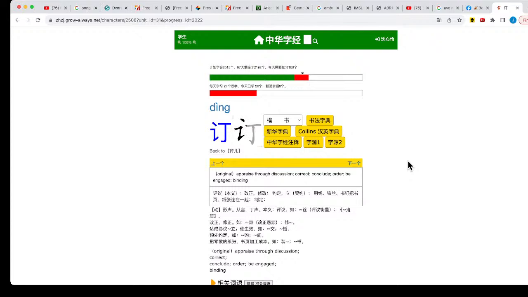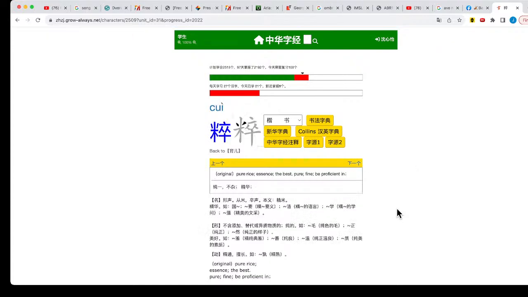Let's see. Next one. 脆. 脆 is pure rice. Pure rice means 脆. So that means the rice is washed clean, and any impure stuff has been carefully gotten rid of.